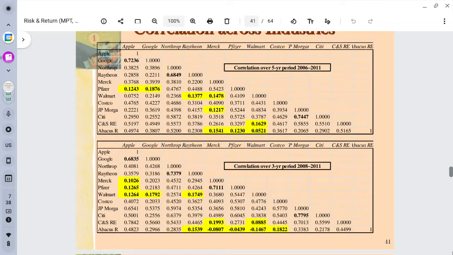Now it's the F-18 for aircraft carriers, for the Navy, and the F-35 also for the Navy, but F-35 and F-22 for the Air Force. These aircraft are made by these companies. Northrop is one of them, right? So the defense industry. Raytheon. So look at the correlation between Northrop and Google or Apple.